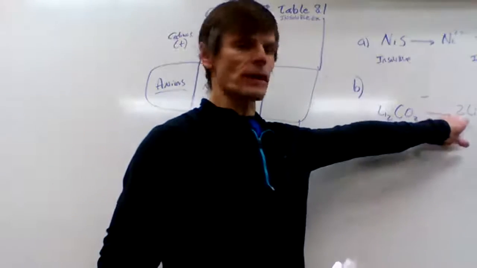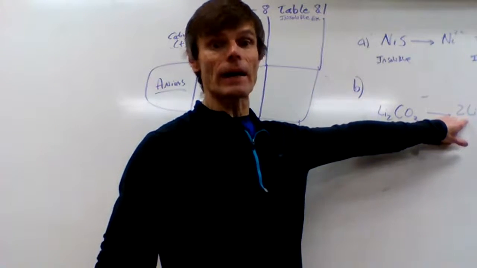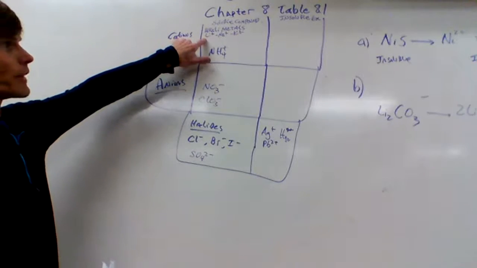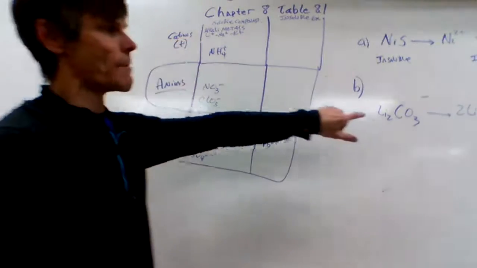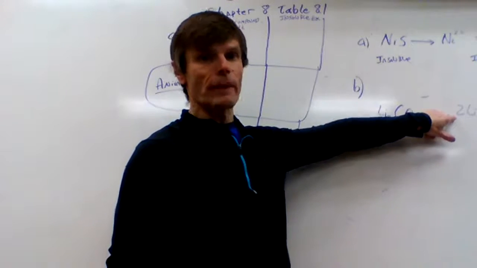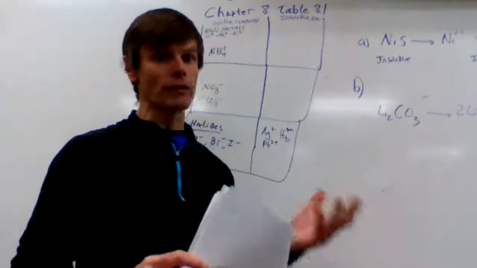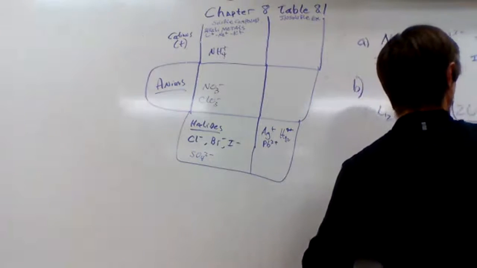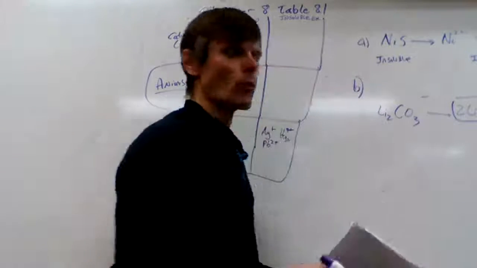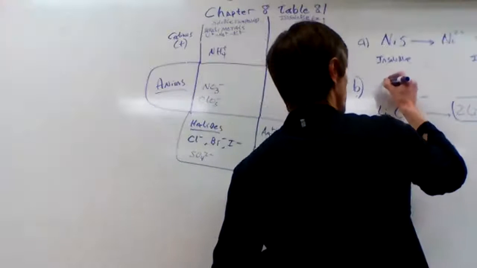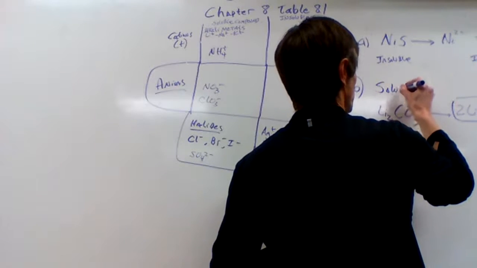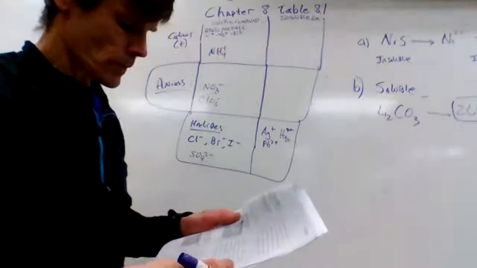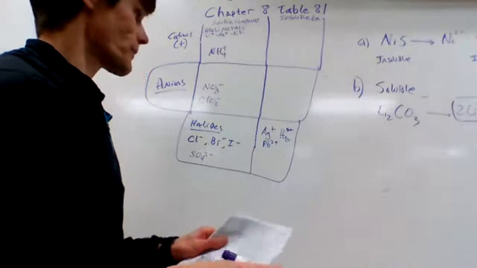Notice it's breaking up into alkali metals. Lithium is a soluble alkali metal. Lithium carbonate is composed of lithium. Therefore, we expect this compound to dissolve in water, and this is soluble. Magnesium phosphate.